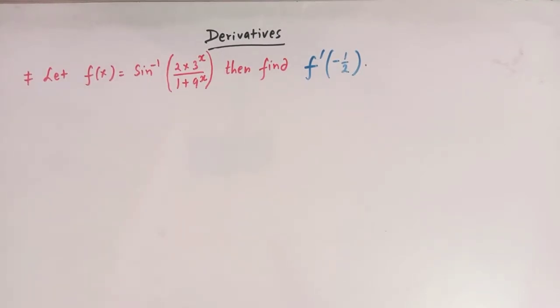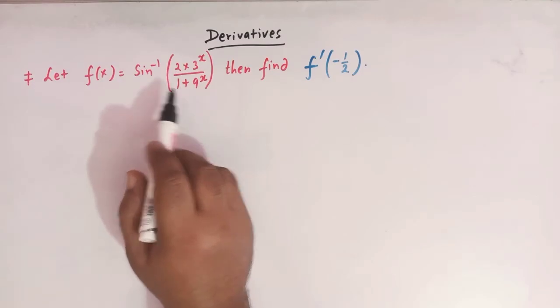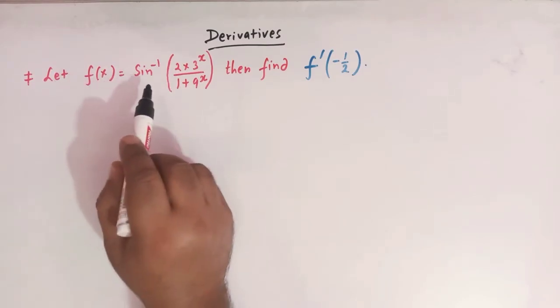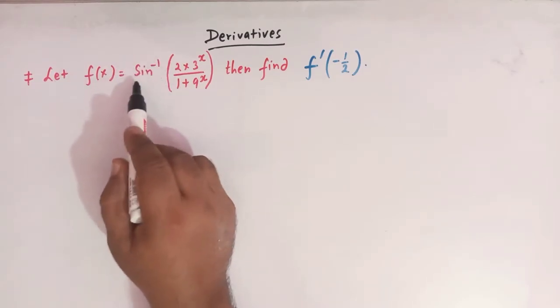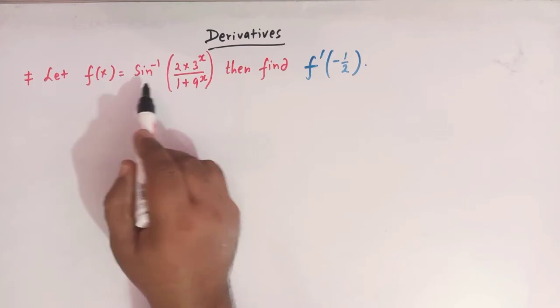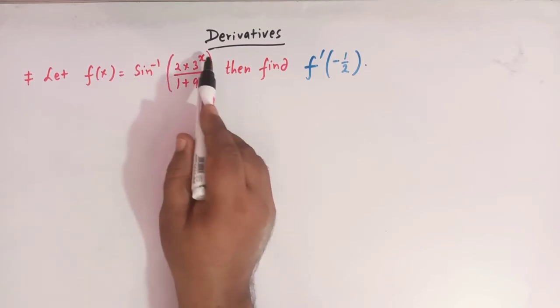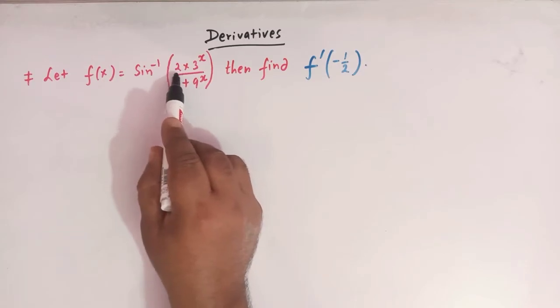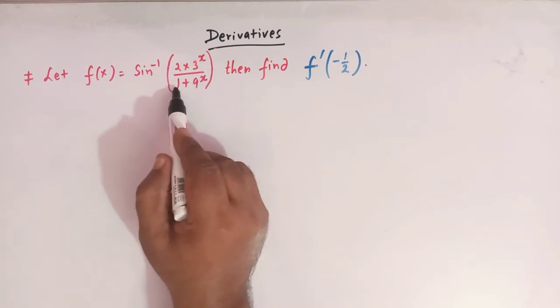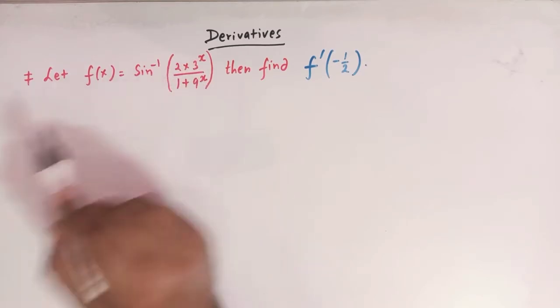So here let us first closely observe this function. The function is given in the form of inverse sine function, and inside this bracket we have the terms 2 times 3 raised to x over 1 plus 9 raised to x.